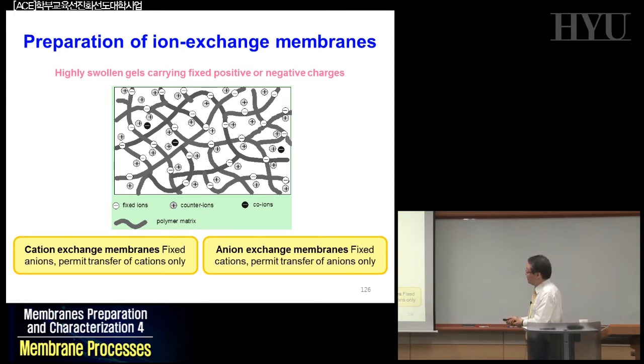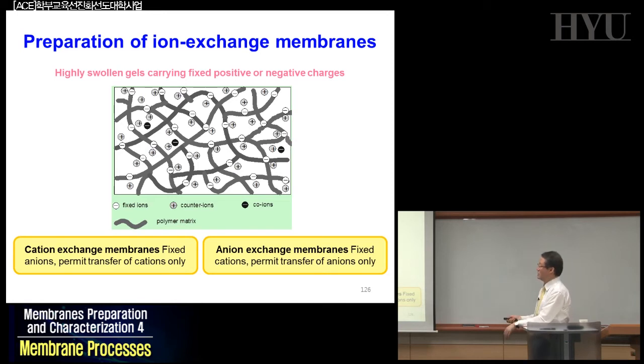A cation exchange membrane has fixed anions, such as sulfonic acid or carboxylic acid, and permits the transfer of cations only, whereas an anion exchange membrane has fixed cations, so it only allows the transfer of anions.